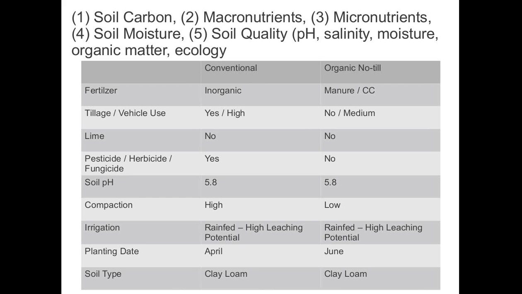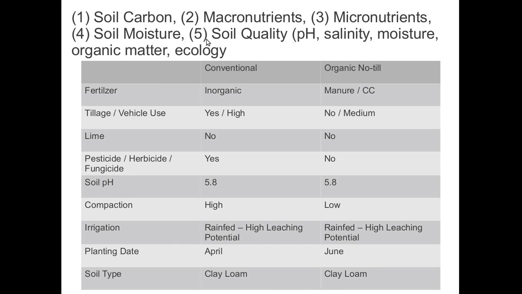Like I mentioned, I want you to compare what you would expect to happen to soil carbon, and what would be different in soil carbon between these two management regimes. What would be different in macronutrients, basically nitrogen and phosphorus, between these two management regimes? What would be the difference in micronutrients between these two regimes? What would be the difference in soil moisture between these two regimes?